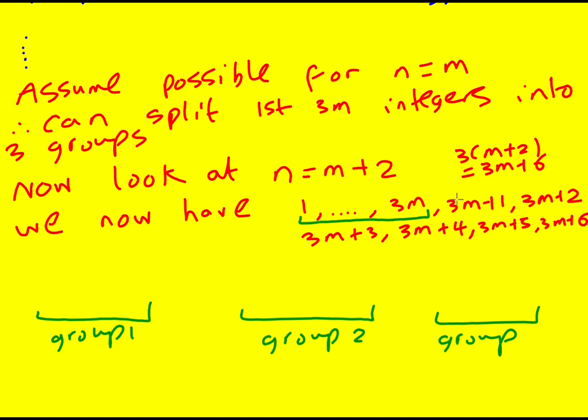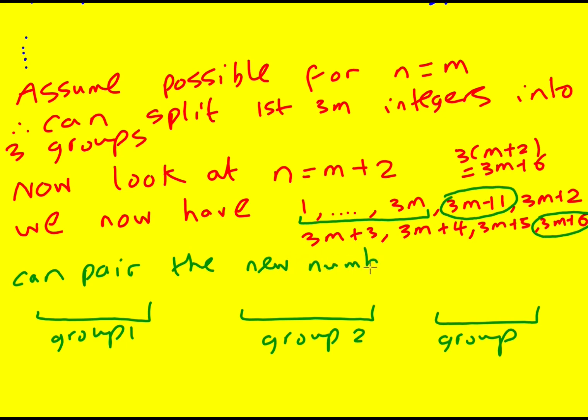But look what we can now do. We can actually pair up the 3m plus 1 and the 3m plus 6, a bit like I paired up 1 and 6 for that n equals 2. And that will give me 6m plus 7. So I can compare the new numbers.